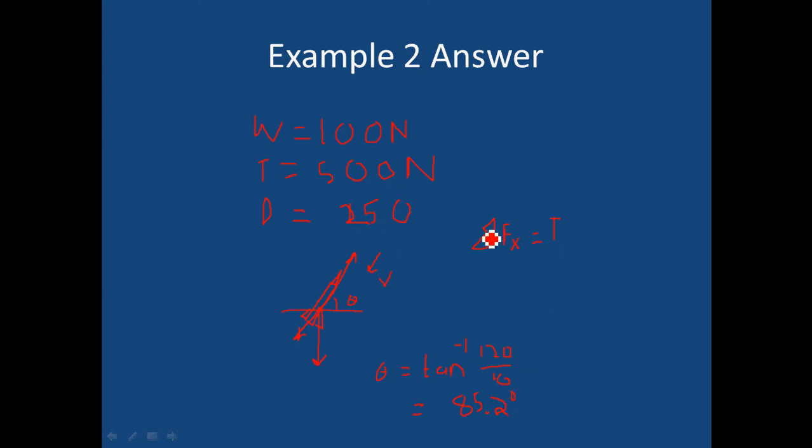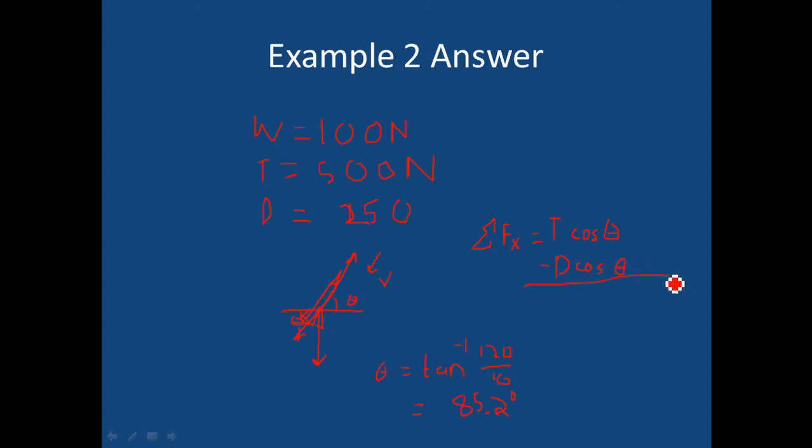Alright, so we would have T cosine theta, and then minus the drag, which is also at theta right here. So minus D cosine theta.